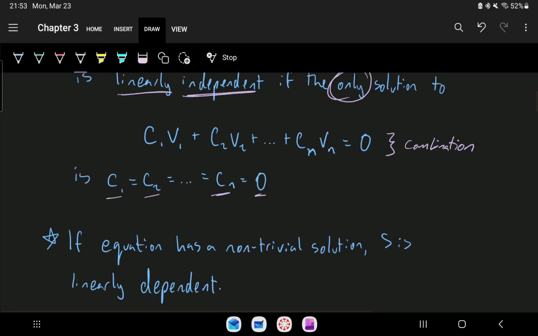Conversely, if the equation does have a non-trivial solution, so if these scalars do not all equal 0, then the set is linearly dependent, right? This is exactly the same thing as the idea of independence and dependence when it came to sets of vectors, right? But now we can apply that to the idea of vector spaces, which is pretty cool.